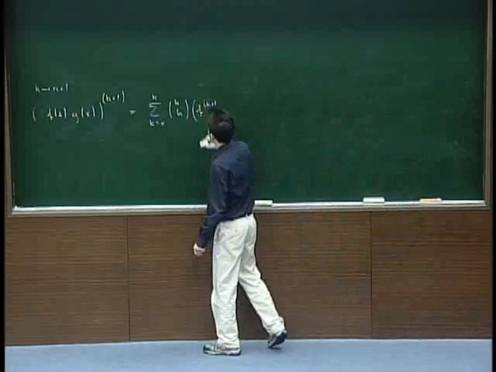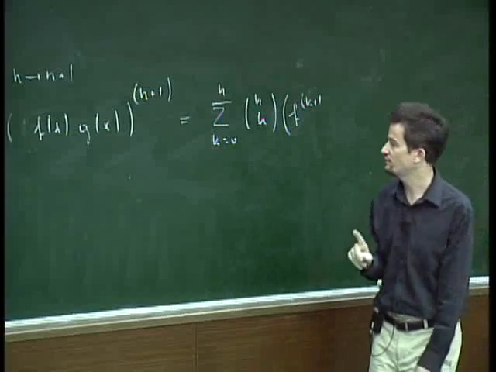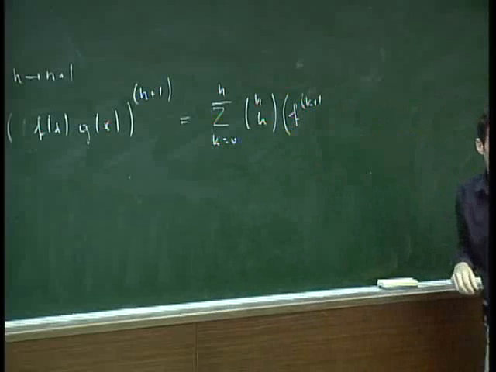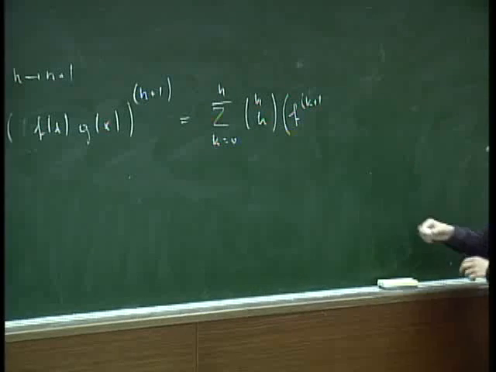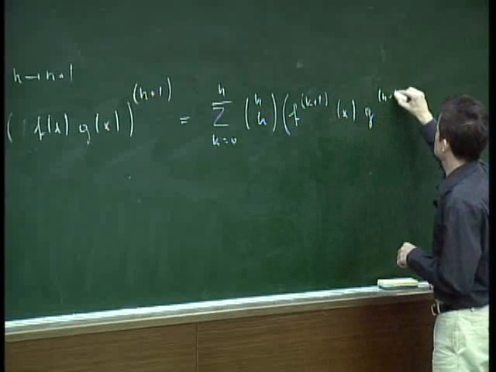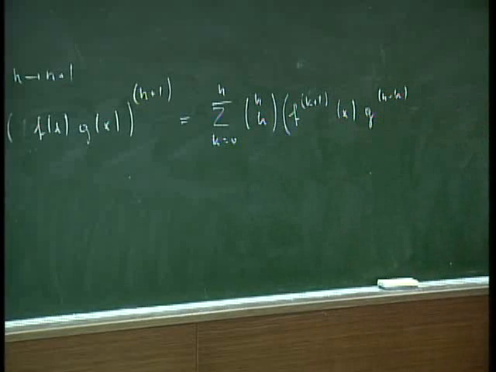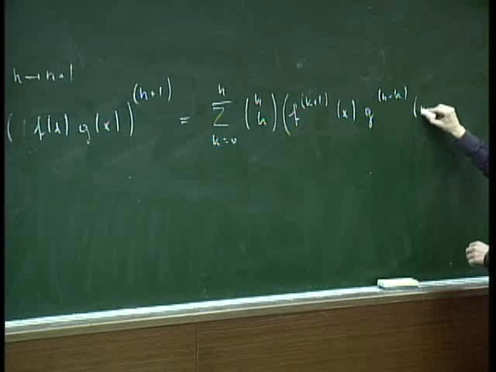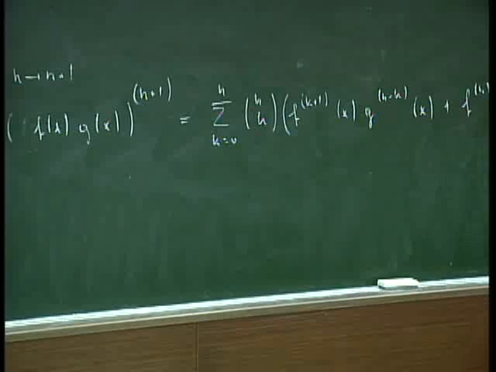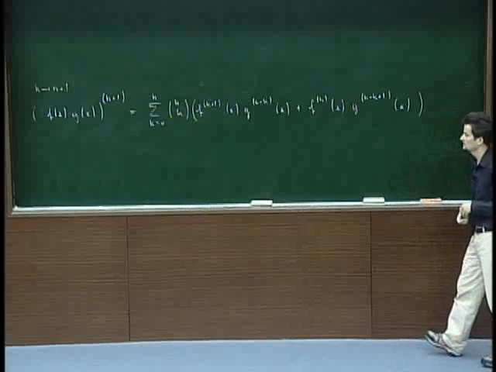Okay, so we have to take the first derivative of the term which was here in the sum, which is the k plus first derivative of f at x, and g is still the n minus k's derivative at x, plus the k's derivative of f at x times the n minus k plus first derivative of g at x.